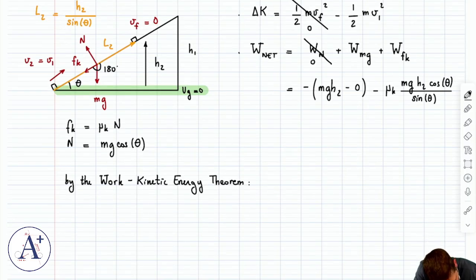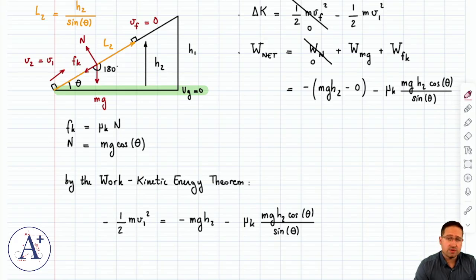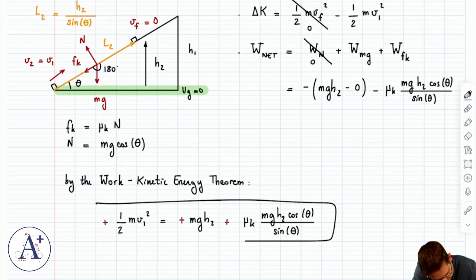I have delta k, which is minus 1/2 m v1 squared, is equal to, well, minus mg h2 minus mu k mg h2 cosine theta over sine of theta. If I multiply both sides by minus 1, I can get rid of all these minus signs, which is nice.